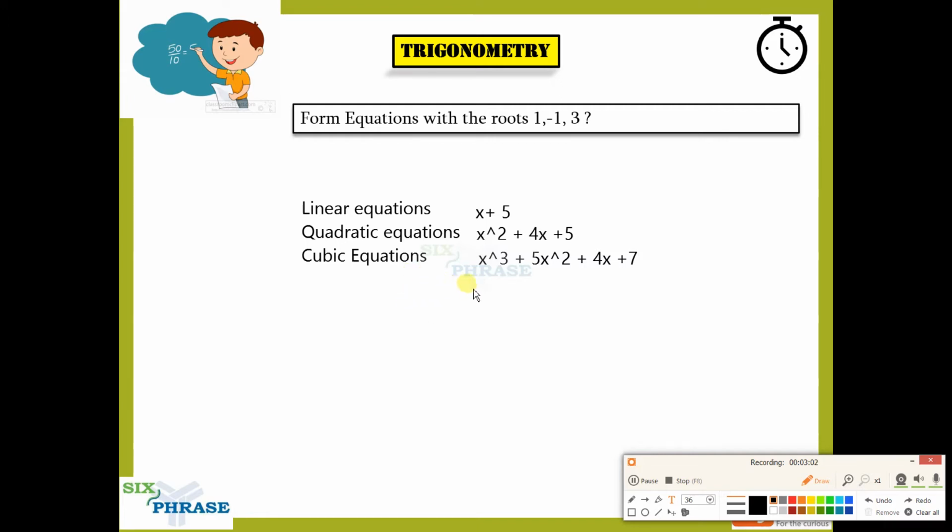Because the highest power of x is 3. That is why it is a cubic equation. Like this, we have equations with the highest power as 4, 5, 6, and it could go on. But these three have a name, while others don't. They're just higher order equations, higher power equations.